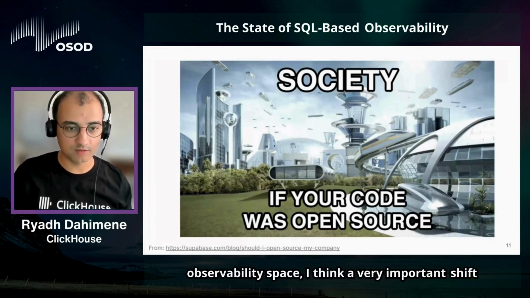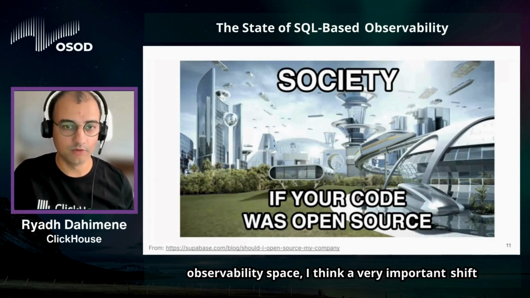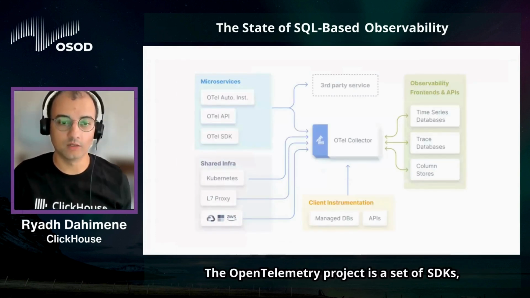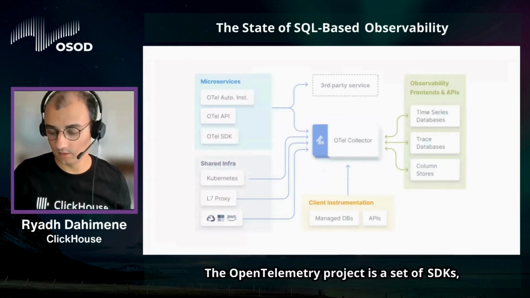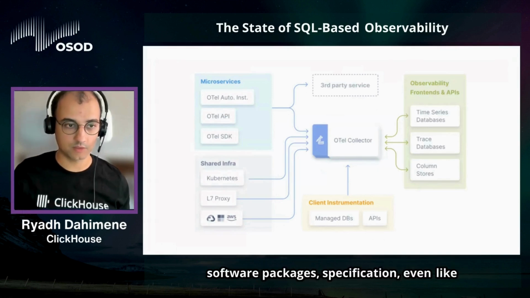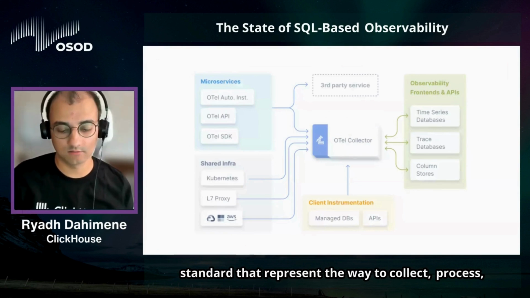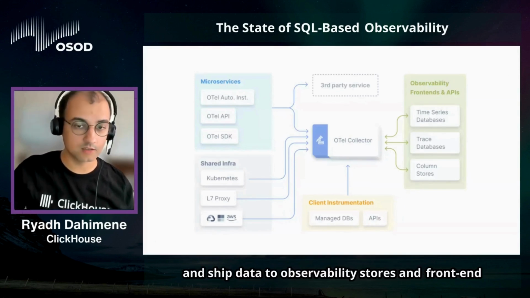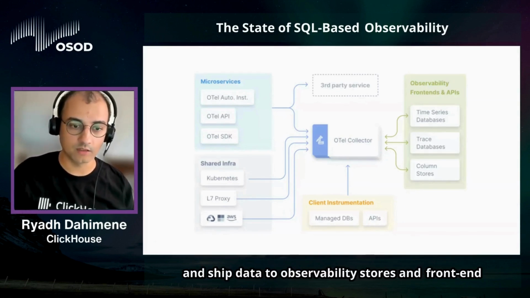But in the observability space, I think a very important shift happened with the OpenTelemetry project. The OpenTelemetry project is a set of SDKs, software packages, specification, and even a standard that represent the way to collect, process, and ship data to observability stores and front ends.